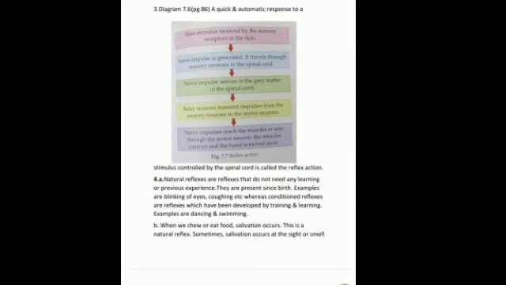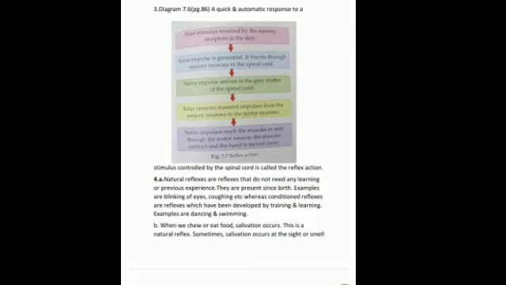It is given on page number 86. Please remember the page number if the figure is not very clear. 87, I beg your pardon, and along with that you will draw the diagram to show a reflex action and its parts, that is figure 7.6.